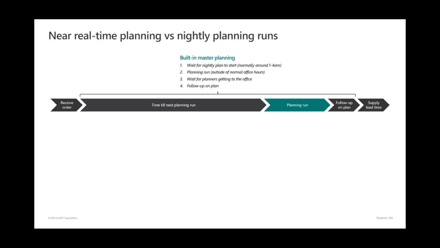But that's normally the period in time where we see planning being executed. Then the planner comes back to the office, maybe in an EMEA time zone at 8 a.m. or 9 a.m., and starts working, and you're receiving orders, but you need to wait until the next MRP run is executed. So there's a very long lead time until you see the result.